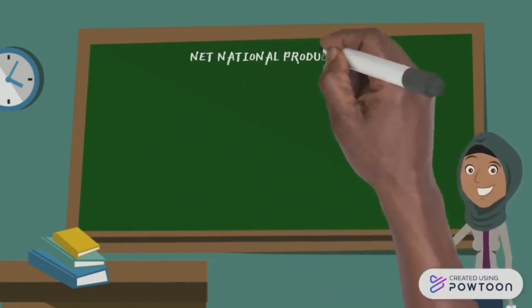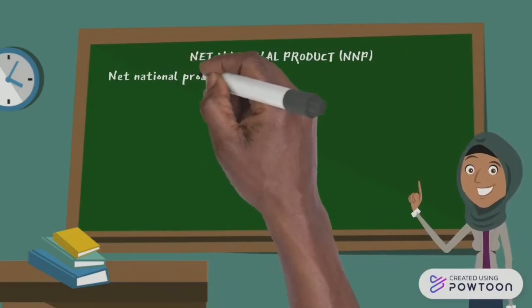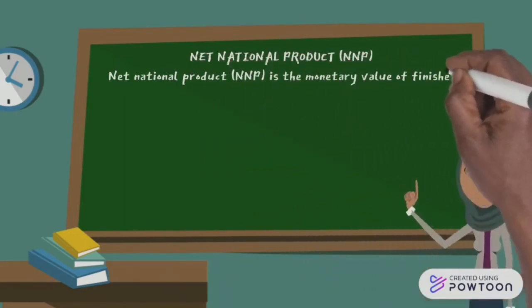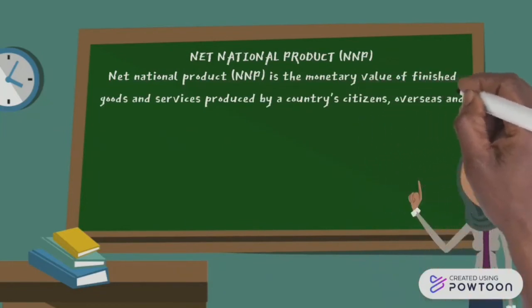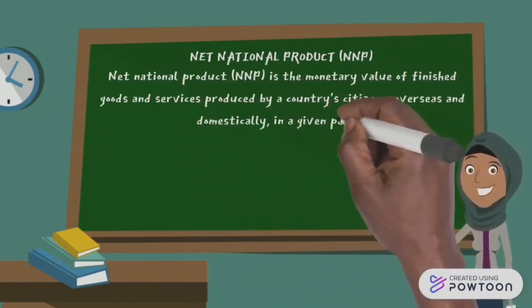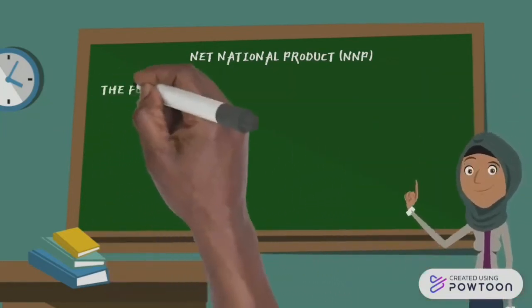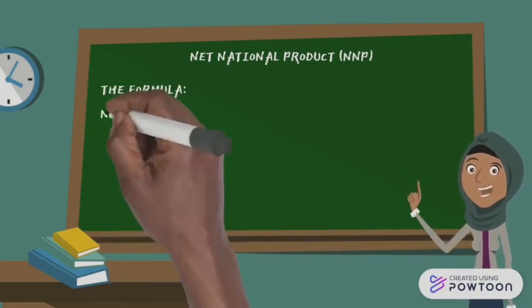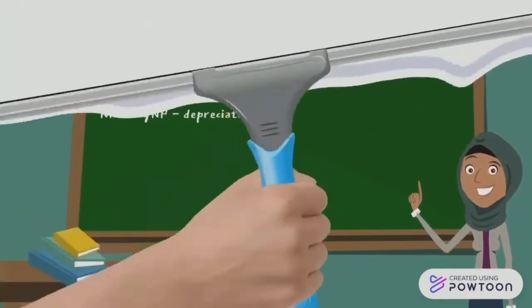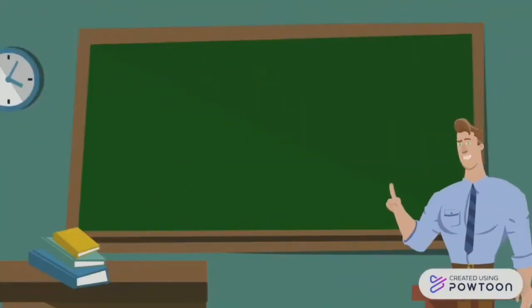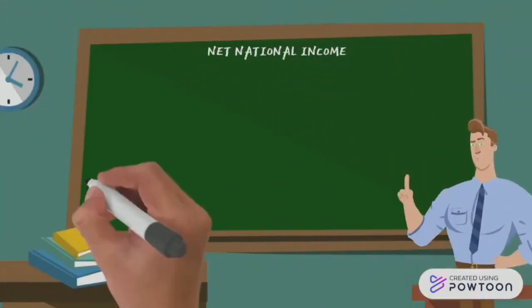Net national product or NNP is the value of finished goods and services produced by a country's citizens, overseas and domestically, in a given period. The formula: NNP equals GNP minus depreciation.